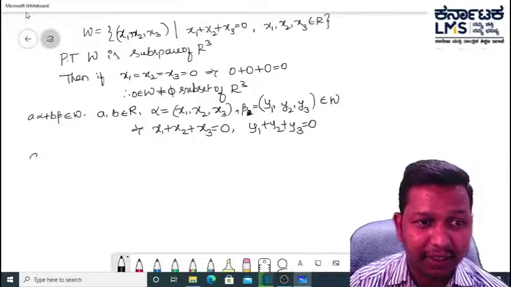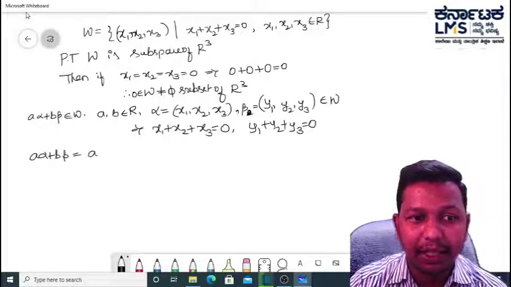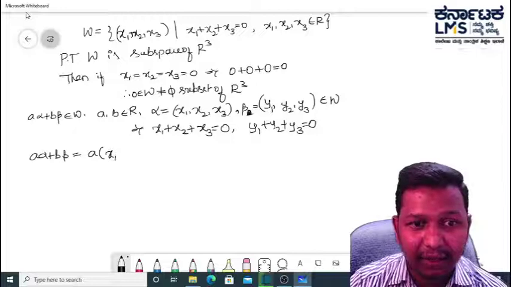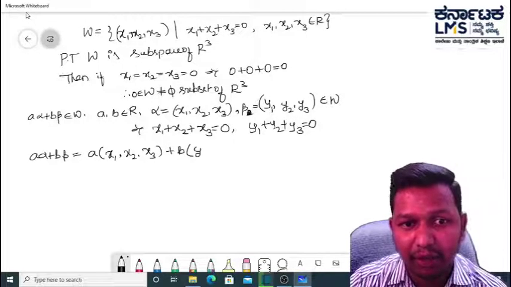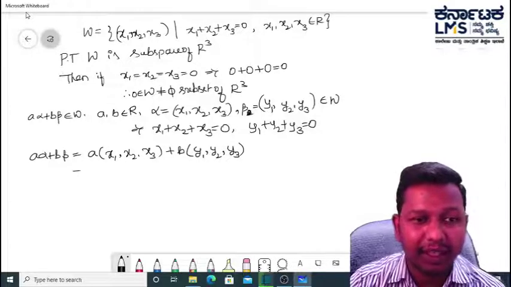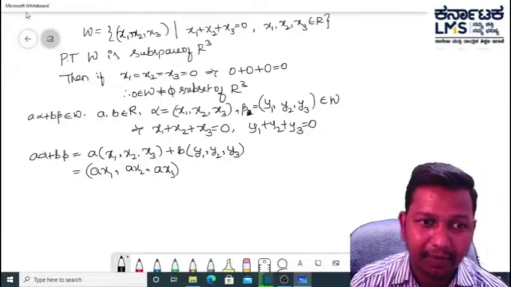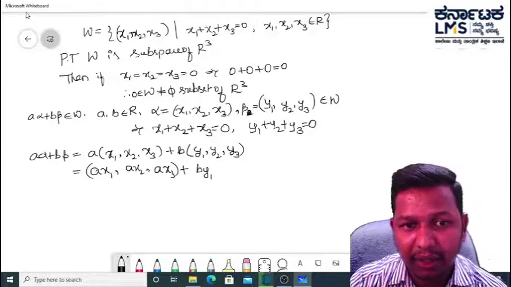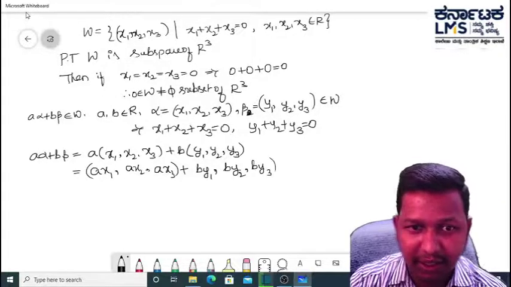Therefore, next I consider A alpha plus B beta, which is equal to A into alpha, meaning x1 comma x2 comma x3, plus B into beta value y1 comma y2 comma y3, which is equal to ax1 comma ax2 comma ax3 plus by1 comma by2 comma by3.